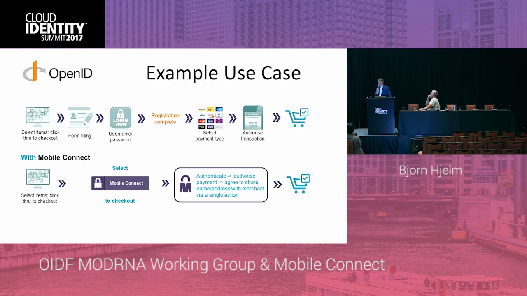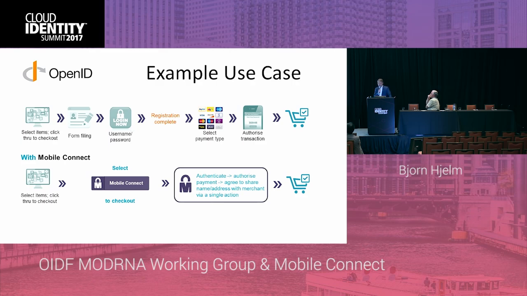So why do we care? This is an example use case of where Mobile Connect will come in. Traditionally, you log into your website, you select what you want to purchase, and you go through a checkout process. First you have to fill out a form and then create your username and password.